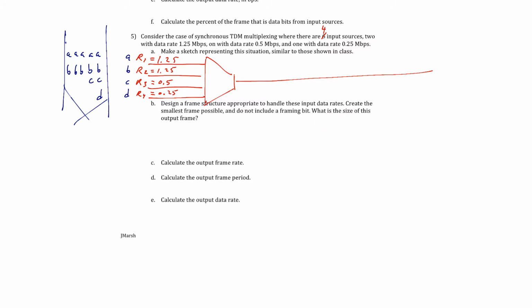A, 2, 3, 4, 5. 1, 2, 3, 4, 5. 2 C's and 1 D. Okay, so this is going to be our frame structure. No framing bit. And so the number of bits in a frame is 5 plus 5 plus 2 plus 1, which is 13 bits.